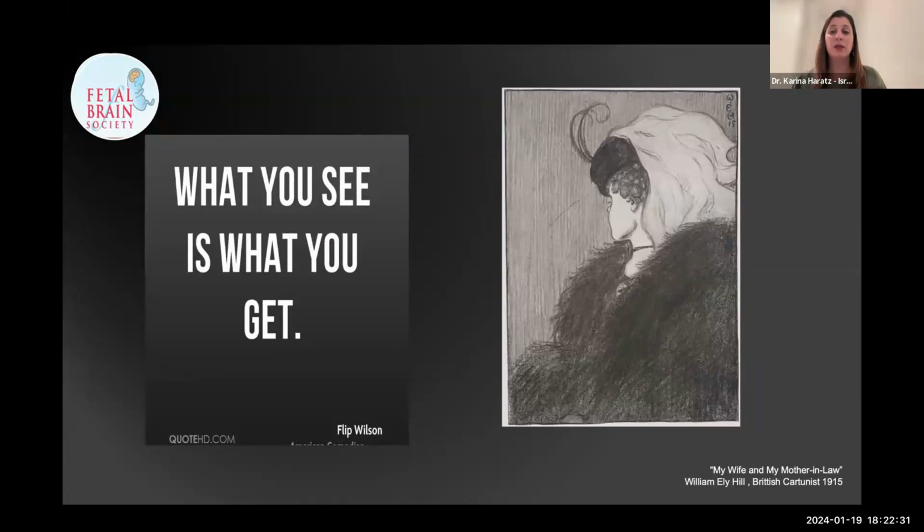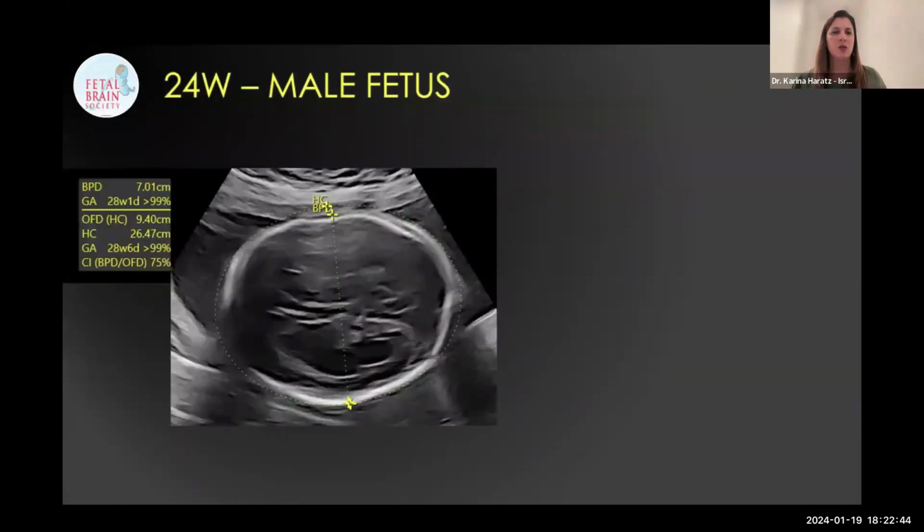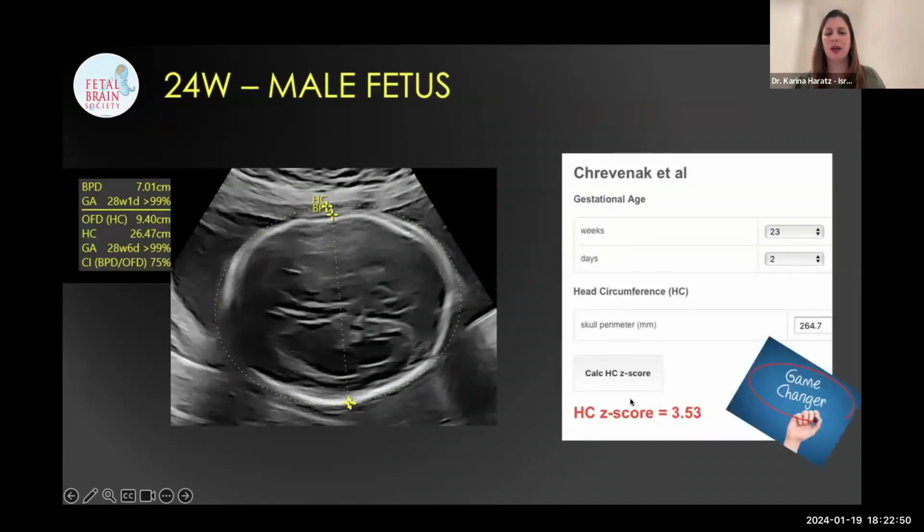What you see is what you get. So I don't have a lot of time to have you look into this picture, but the ones that see the young lady or the old lady, normally we see only one. Let's see if you see them both in this case. So the patient was referred at 24 weeks, a male fetus with a huge head, okay? Head circumference 3.5.